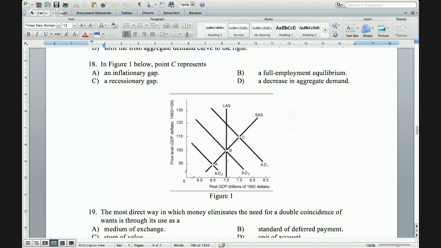So we have to understand this diagram. Again, this is your potential level of GDP, this long run aggregate supply curve. And the intersection of aggregate demand and aggregate supply, say for example, they're intersecting at point B, that represents your actual GDP. So where the short run aggregate supply and aggregate demand intersect, your actual GDP happens to fall on your long run aggregate supply curve, meaning that you're also at your potential.